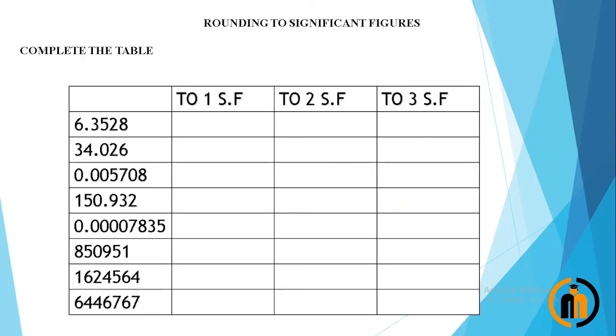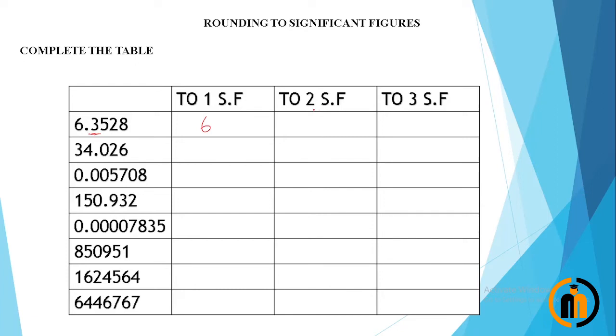Let's try two or three questions here. 6.3528. They're asking us to round it to one significant figure, which means you round it to just a whole number. The immediate place value after the decimal point is 3, which is less than 5, so I'm going to round it as 6. This is one significant figure.